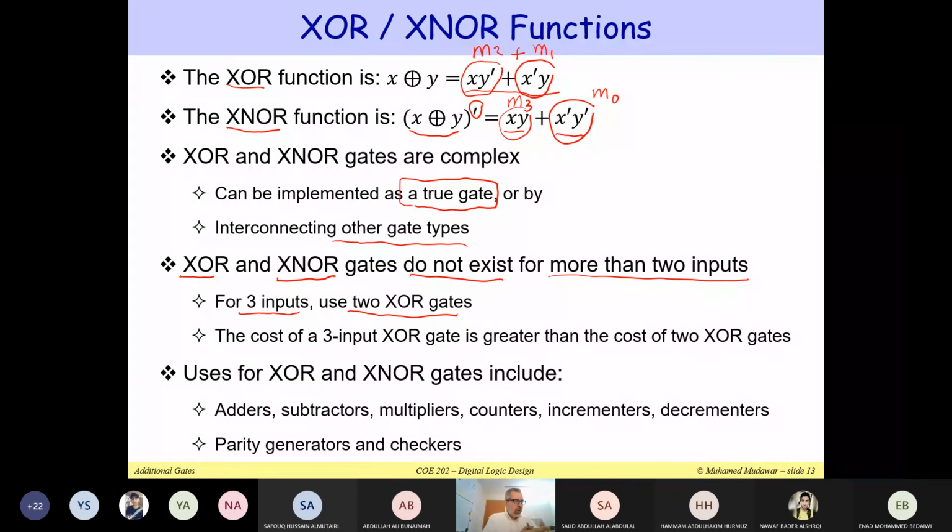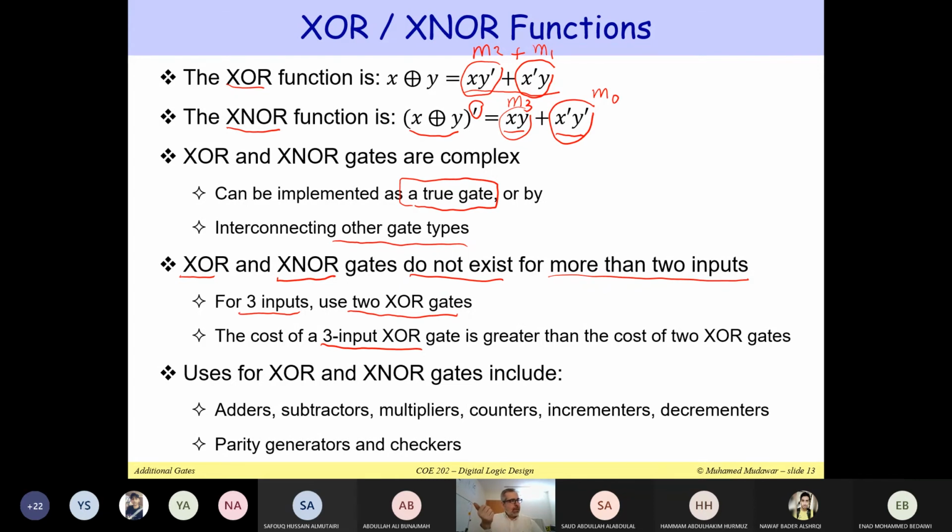So I can take X XOR Y and then the result XOR Z. And the reason why is that if you look at the cost of a 3 input XOR gate, it becomes more expensive, and it is greater than the cost of 2 XOR gates. So for this reason, people use only XOR gates that have only 2 inputs because their cost is going to increase when you increase the number of inputs.